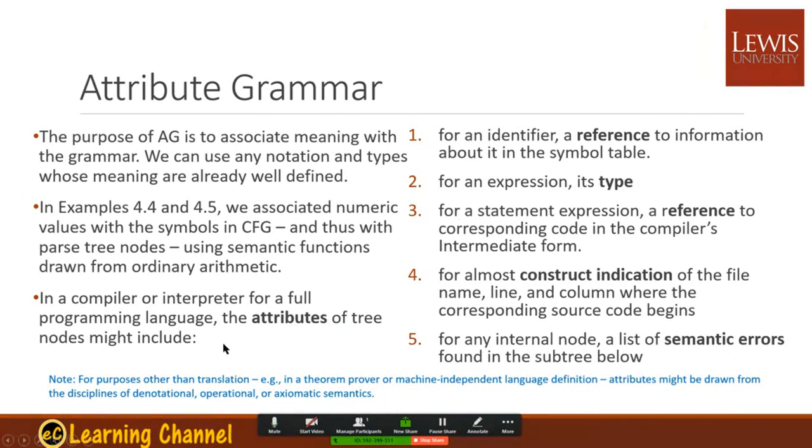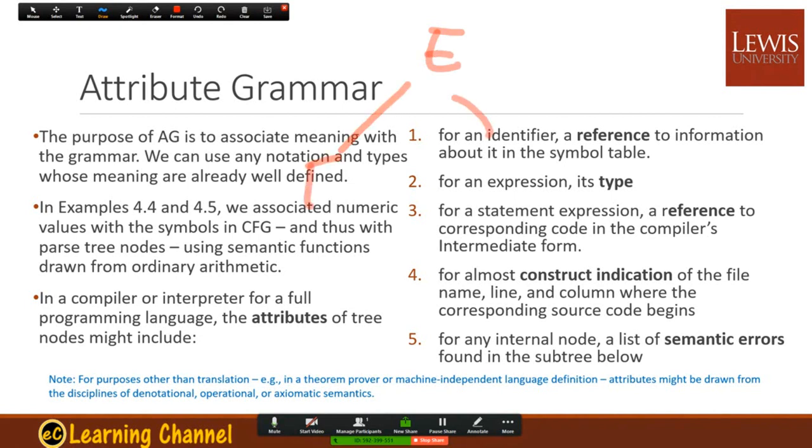So basically, what this says is that there are so many different attributes, and those attributes will be added to the tree as an attribute grammar, and then it will do something. For example, a reference for information about a symbol table. You build up a tree: expression, term, and then times, and then factor, and then there's a reference.